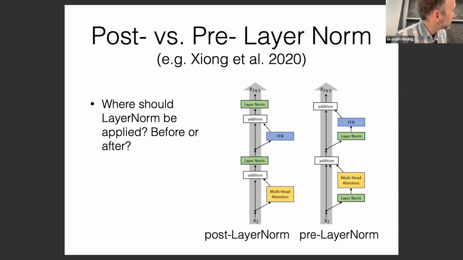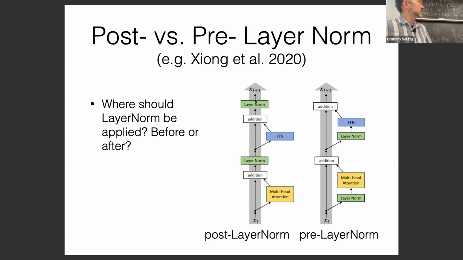Pre-layer norm, you do layer norm before the residual connection, before the input here. And the reason why this is really important is, if you look at this, there's no residual connection that goes all the way through the network. So the output of the residual connection gets modified every time by layer norm.